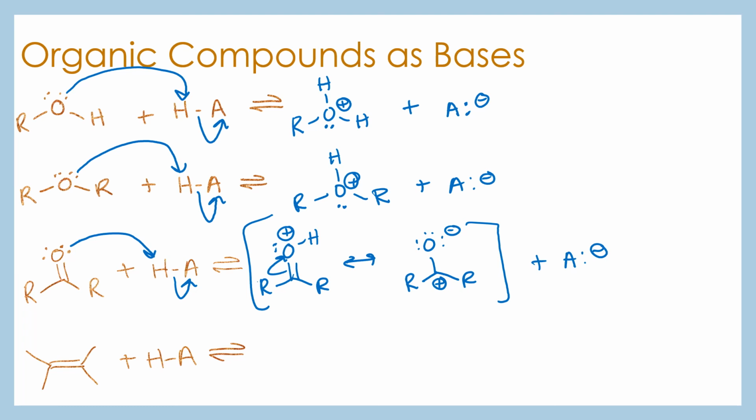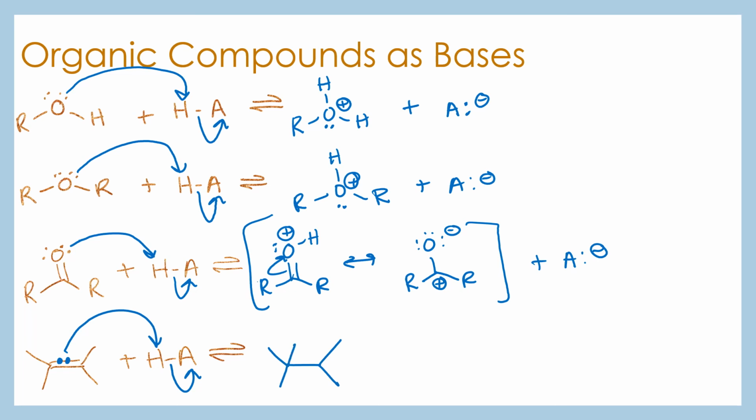And interestingly enough, you can also protonate an alkene. Even though there's no obvious base in the alkene, these pi electrons are quite reactive. And so you can actually pick up a proton and break the bond between the proton and its future conjugate base. Your carbon framework would stay the same.